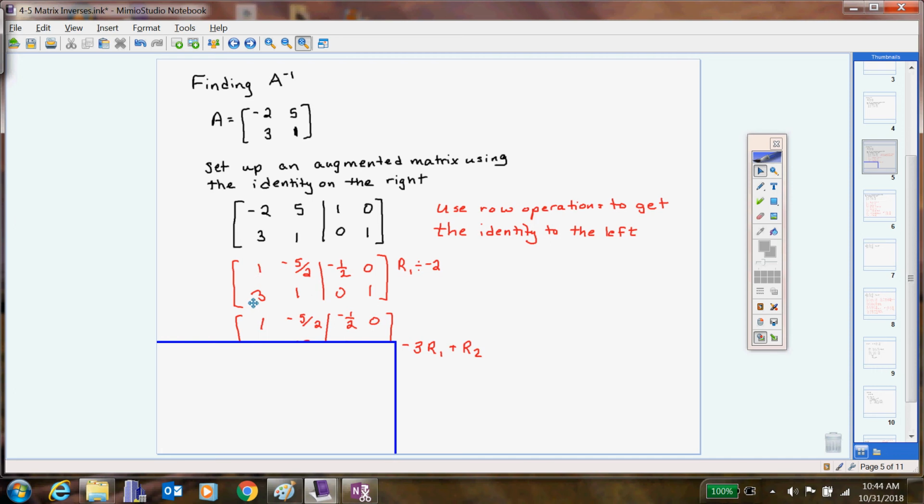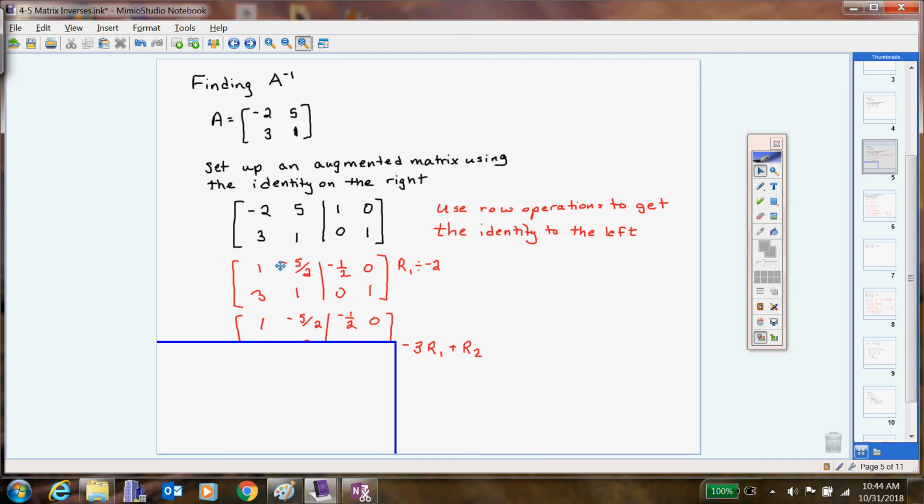Because if we work on it to put it into echelon form first, then after that we need to work on our last 0 up here. But let's work on echelon form first.